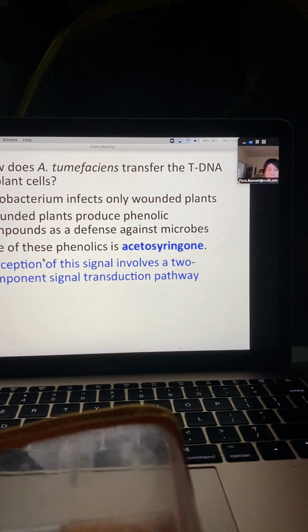And Agrobacterium senses this acetosyringone. So it senses the presence of acetosyringone, and the way it senses this involves what is called a two-component signal transduction pathway. And I'll describe that in a moment, and I'll describe the proteins involved in this perception.